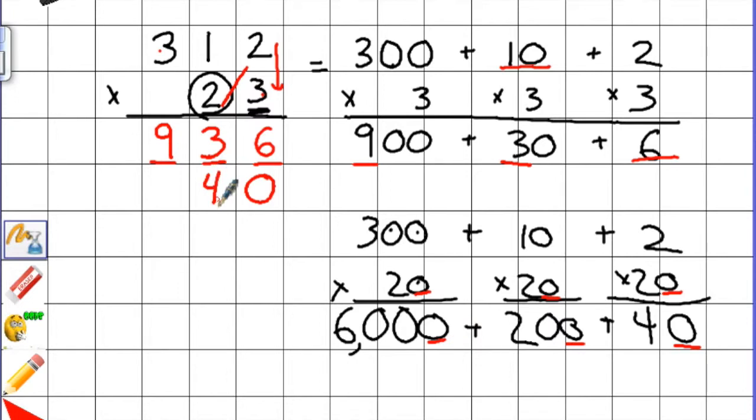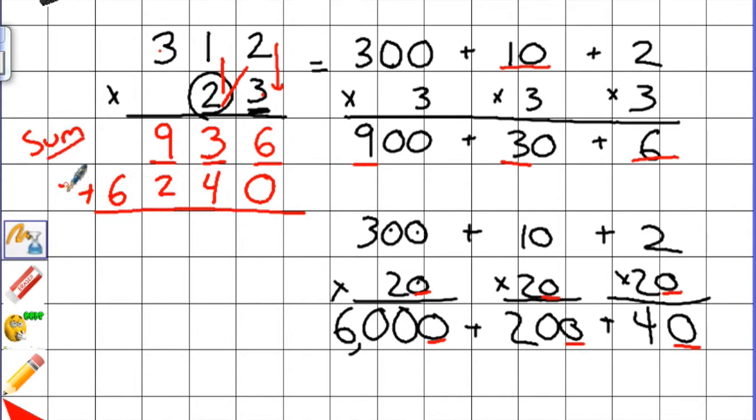Our first problem is going to be 2 tens times 2 ones, and that's going to be 40. Next step is going to be taking 2 tens and multiplying it by 1 ten, and we'll get 2 hundreds, because 10 times 10 is going to equal 100. And our final step will be taking 2 tens and multiplying it by 3 hundreds, which is going to give us 6 thousand.